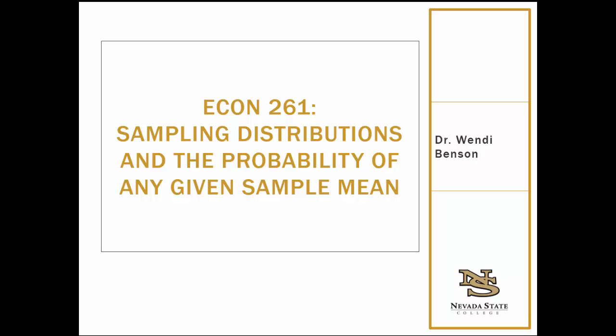Now, because we are no longer working with scores, we're working with sample means, instead of working with the standard deviation, which is the average distance between all scores and the mean to determine variability, now we're moving from the standard deviation as our measure of variability to the standard error. And the standard error is similar to the standard deviation, but is focused on sample means instead of scores. So now our measure of variability, or our spread, is going to be the standard error.